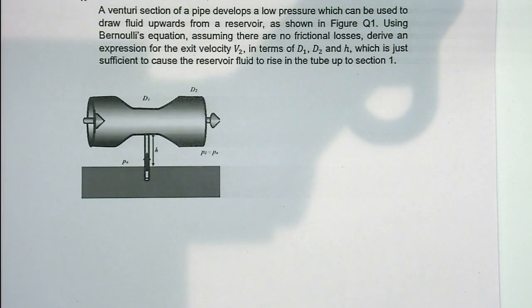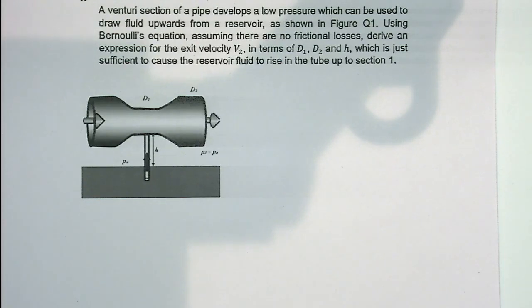So for the first one, it's a venturi section pipe which develops low pressure that could draw the fluid from the reservoir to the nozzle.